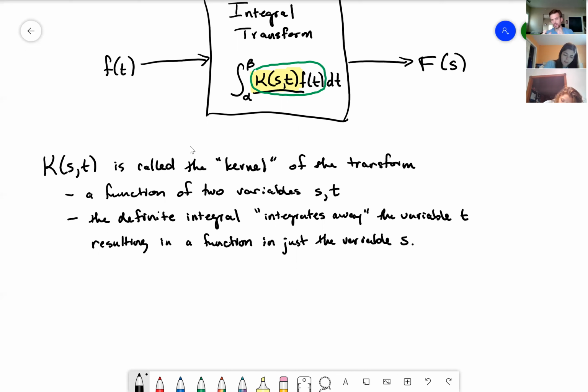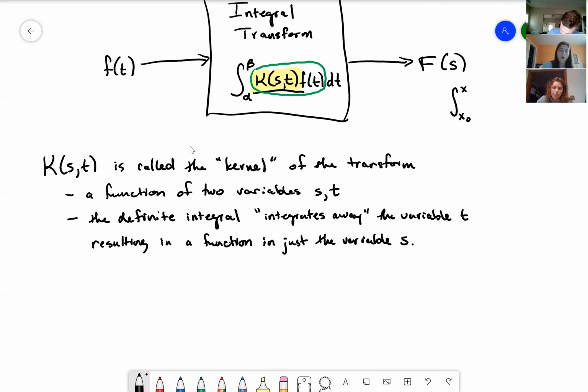So that's how integral transforms work. You take a function of one variable, you multiply it by a function of two variables, and then you integrate away the original variable. You can think of when we were doing integrals before and we were replacing the variable with a dummy variable, it's because that variable in the definite integral can be integrated away. For example, we were doing the definite integral, but with a variable upper bound.